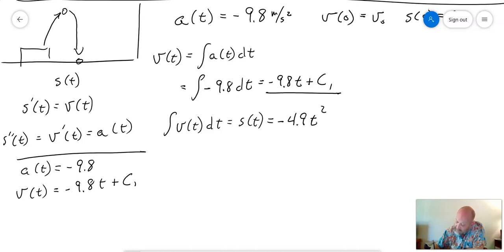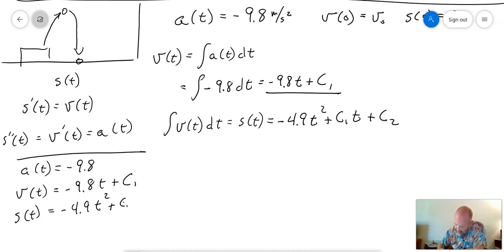And then if I integrate c1, I get c1 t. And then I have to generate a new constant because it's another integral, right? And so now we have our position function. So it's negative 4.9 t squared plus c1 t plus c2.